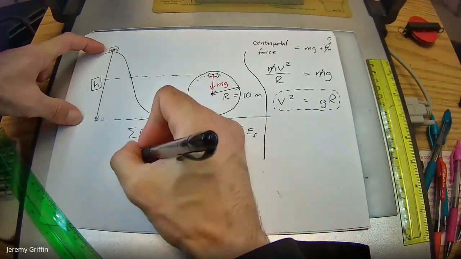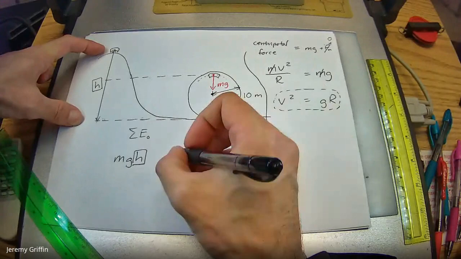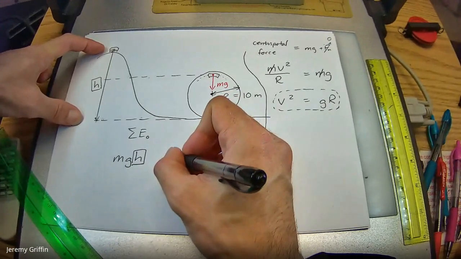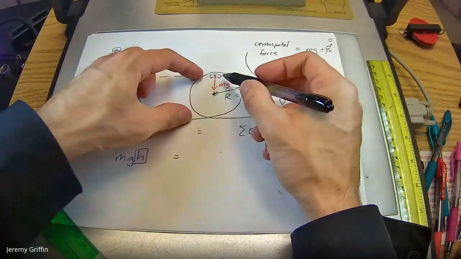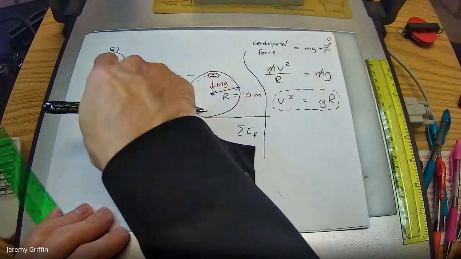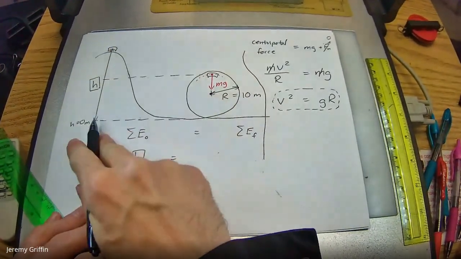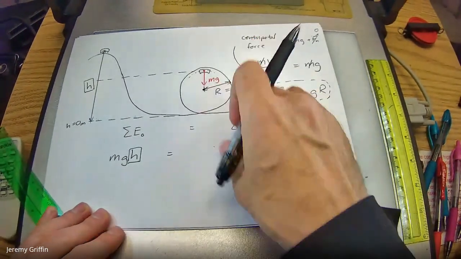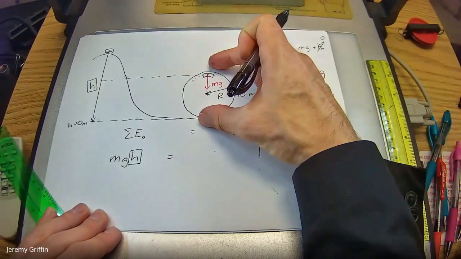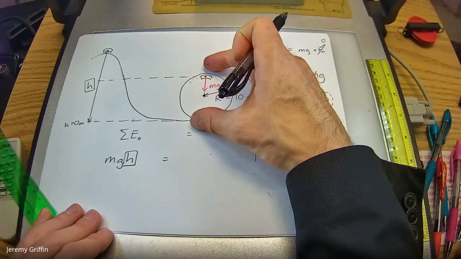We're eventually solving for what is this h? And what is the final energy? Well, the final energy over here, it's actually an energy mix. If you count h equals 0 meters to be this bottom line down here, doesn't the coaster have to go up this height? And what is this height in terms of the radius of the circle?